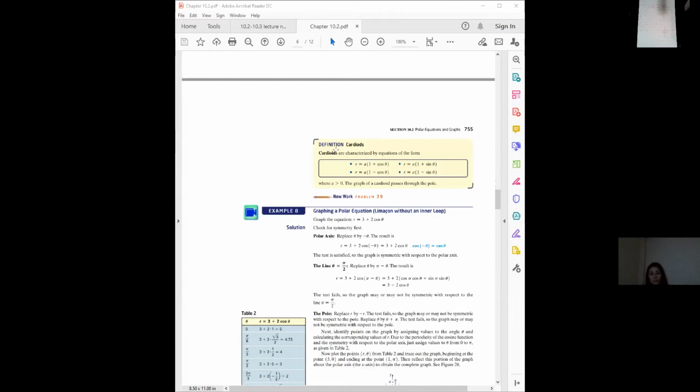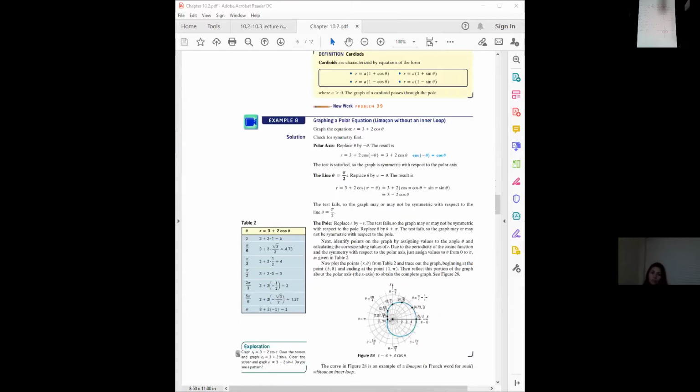Depending on A, if you have some value plus cosine, some constant, or plus sine, you're going to have a cardioid. Basically, it's kind of like a circle, but more of a heart, right here, kind of sinks in depending on your function. So if A is positive, it passes through the pole.